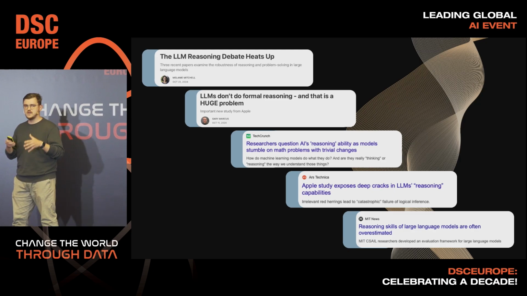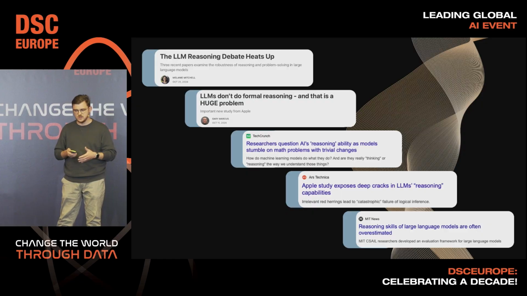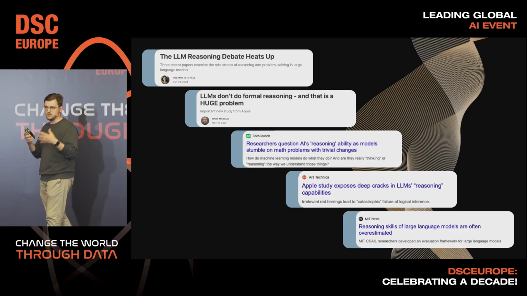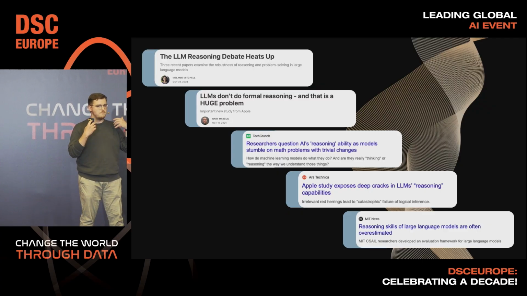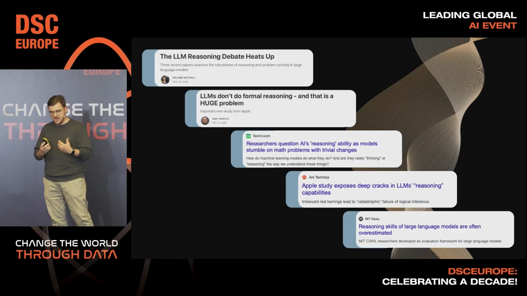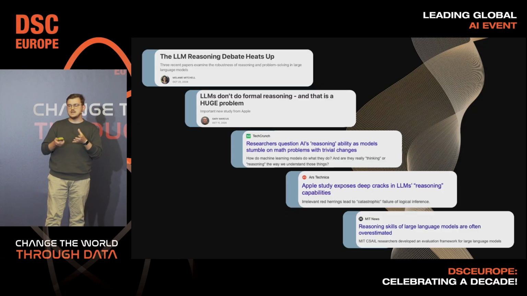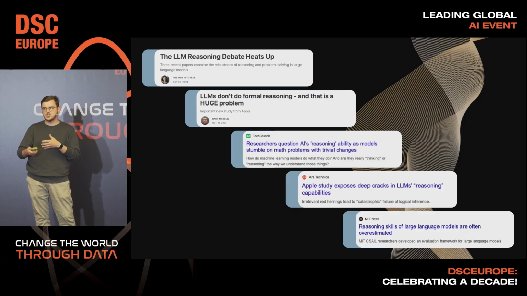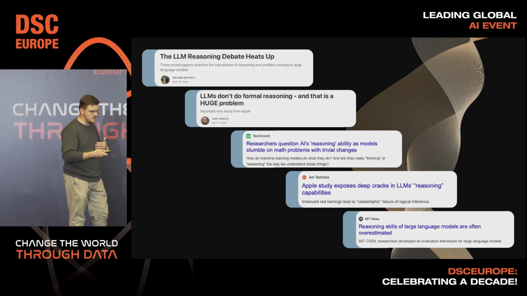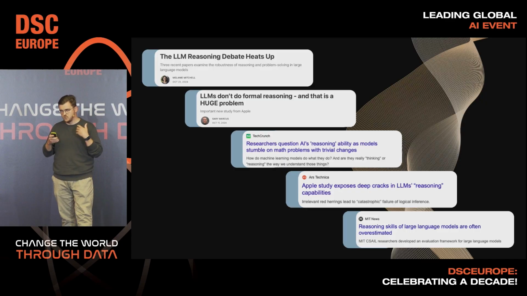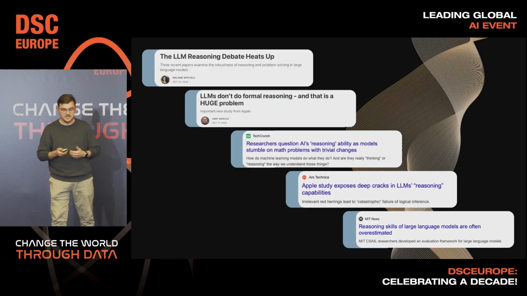And one of the most heatedly debated topics in the industry is the reasoning abilities of LLMs, whether they behave like human cognitive abilities, or they do some sort of sophisticated memorization or pattern-based thinking, mimicking real reasoning abilities.